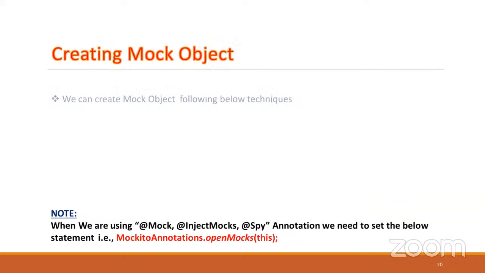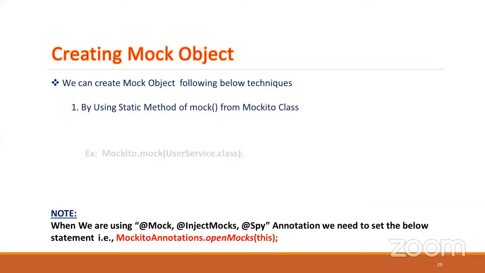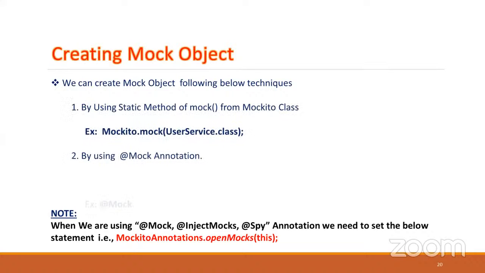Also there are multiple ways of creating a mock object, guys. One is the static mock method from the Mockito class. Another is using the @Mock annotation, sir. Mock objects can be created for classes and interfaces.